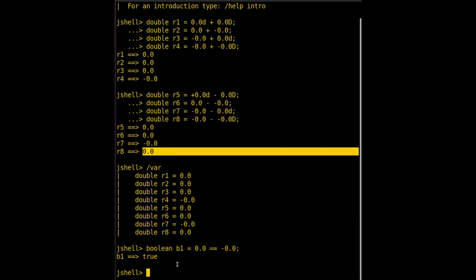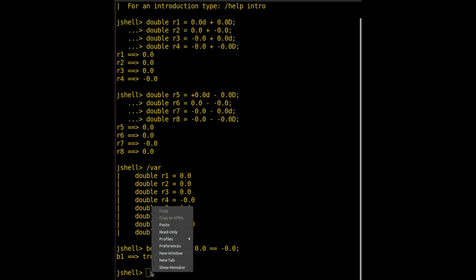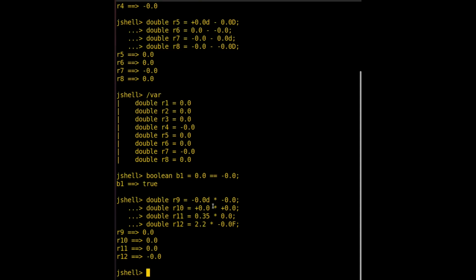Okay, now let's look at multiplication, since we've done the adding and minusing. So we've got some variables to which I assign multiplication. I'm multiplying a negative 0 with a positive 0, of type double, and I'm assigning the results to double.